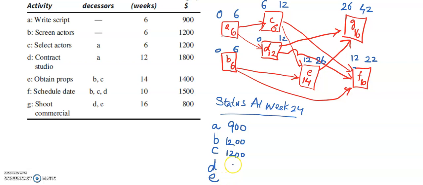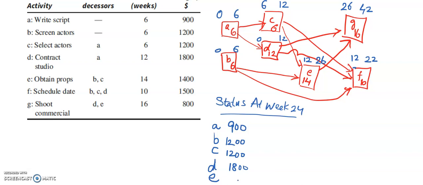D, the cost is 1800. Okay, so for E, now E is scheduled from 12 to 26.